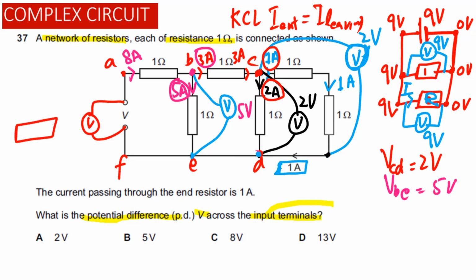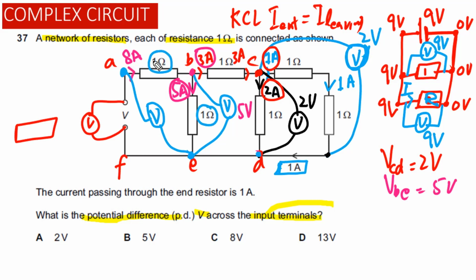So the next potential difference we need to find across point A and across point E. Let's say we try to attach voltmeter between A and E. So what will be the reading on this voltmeter? That reading will be equal to the potential difference across this resistor plus the potential difference across this one.